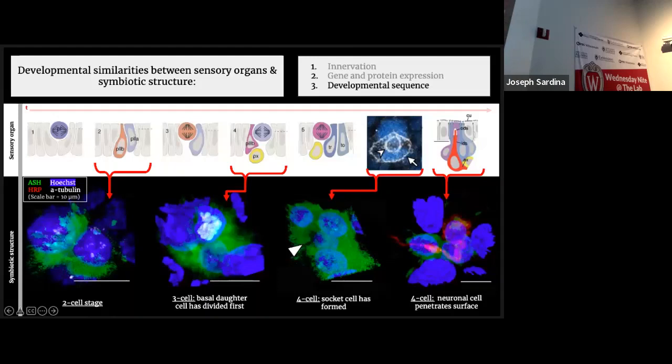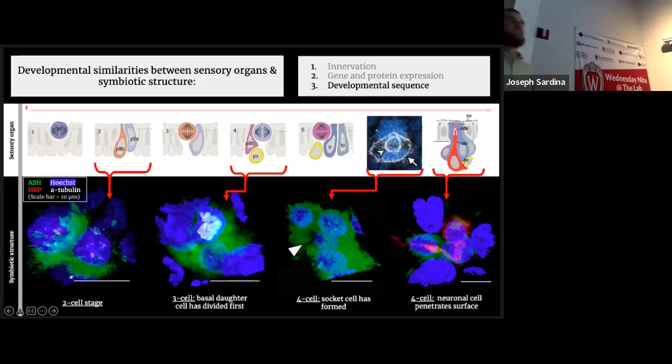Moving on to the 3-cell stage, not too exciting again in itself, but it shows a similar pattern where this was the basal cell, and this divided. At the 3-cell stage, the next cell to divide is this apical cell, similar to what we see in the sensory organ.